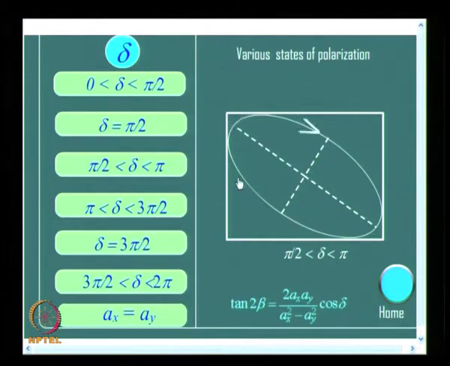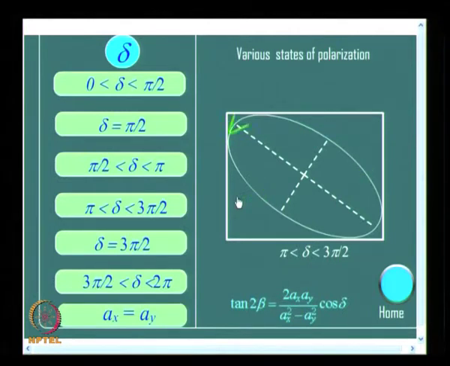If I go to the range pi to 3 pi by 2, you will find the handedness also changes. So, the orientation remains the same, but the handedness changes. So, what you find here is, for different values of delta, you see different forms of elliptically polarized light.